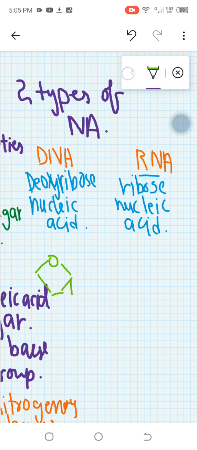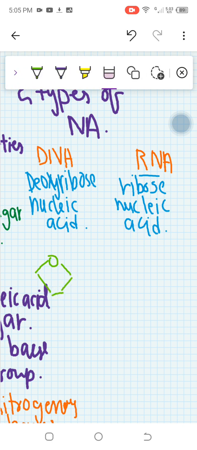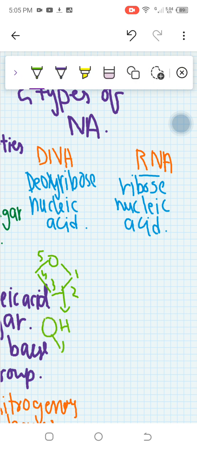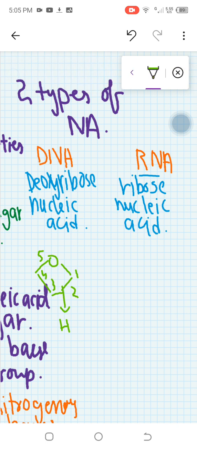This is the first carbon, second, third, fourth and fifth. On the second carbon, hydrogen is present, however oxygen is absent. Only carbon is present. On the first carbon, nitrogenous bases are present, and on the fifth carbon, phosphate group is present.